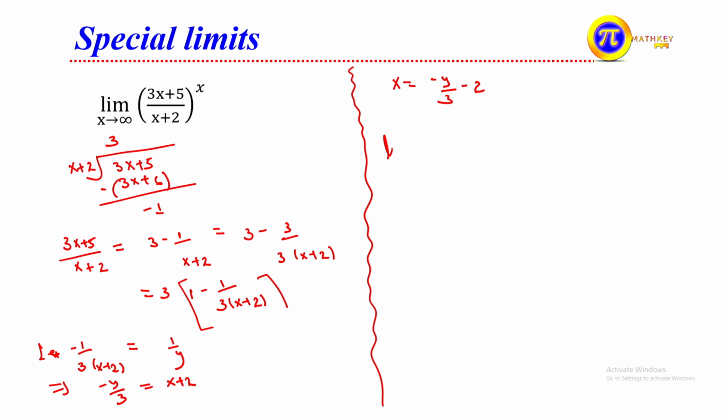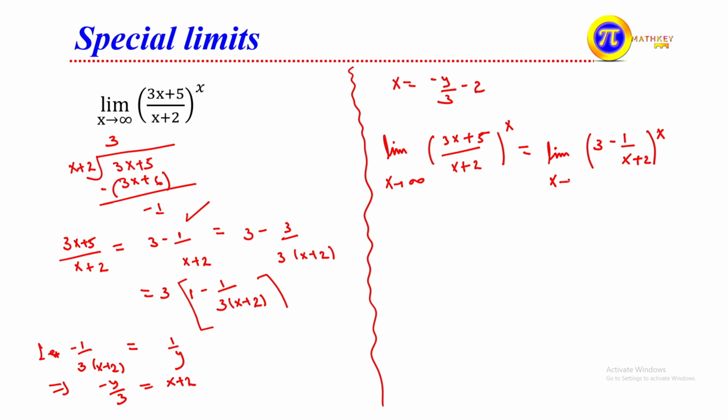So, the limit of our function, (3x plus 5 over x plus 2) to the power of x as x approaches positive infinity, is equal to the limit of 3 minus 1 over x plus 2, to the power of x, as x approaches positive infinity.